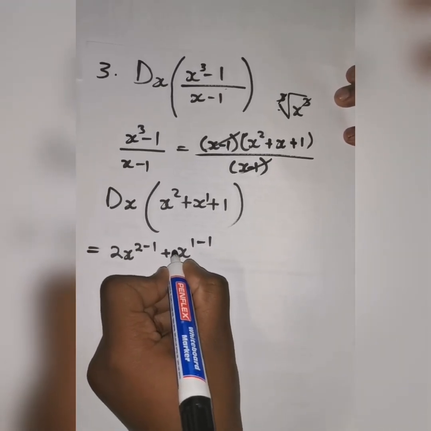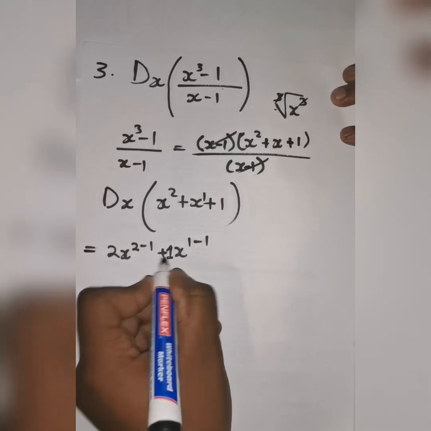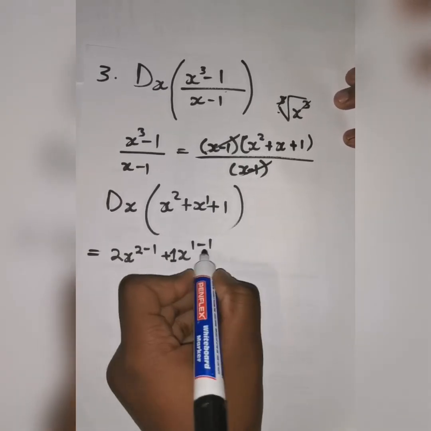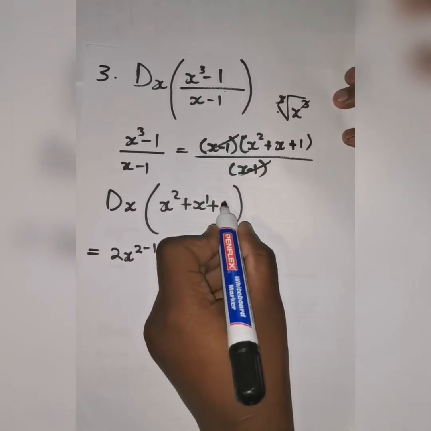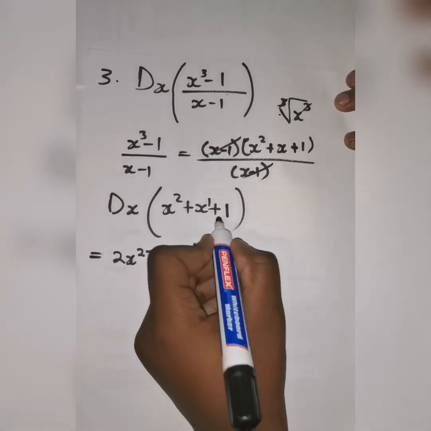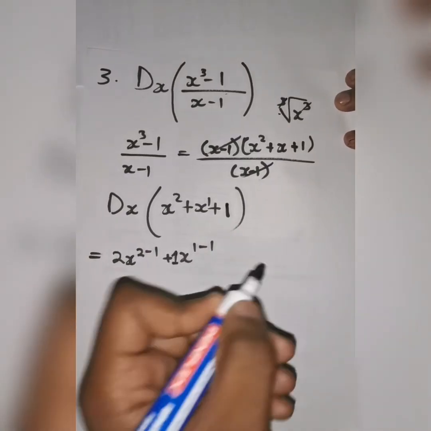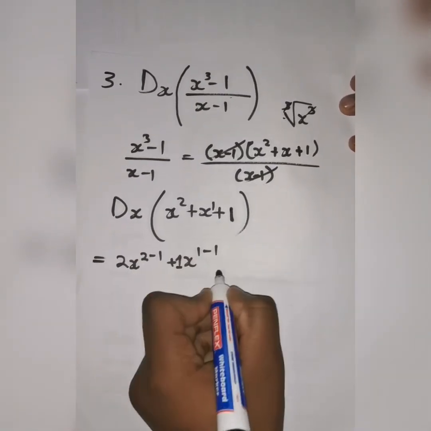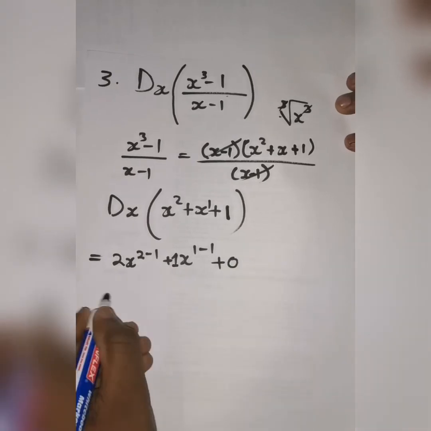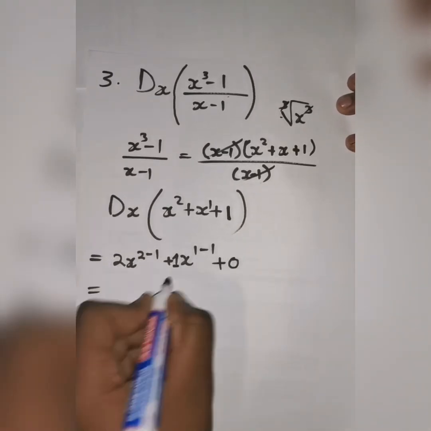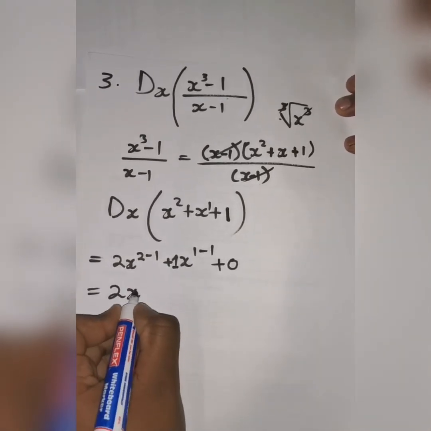So just think that we have 1 right here. Doesn't really change much. And then this is a constant 1. Differentiating a constant gives us 0, so plus 0. So we simplify this and we're done.